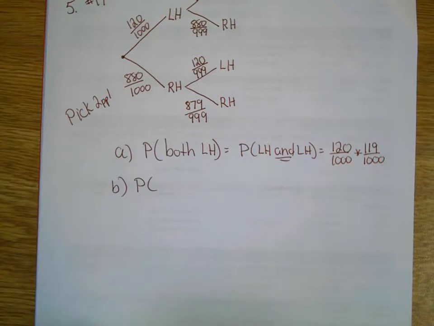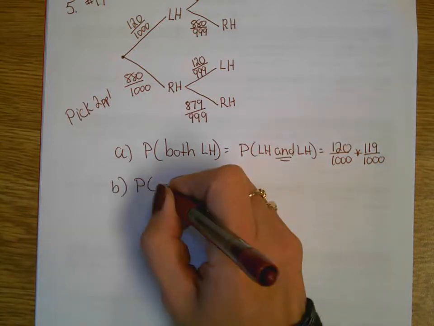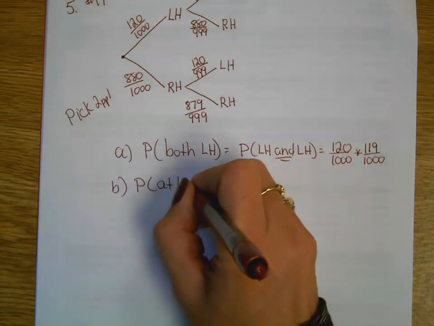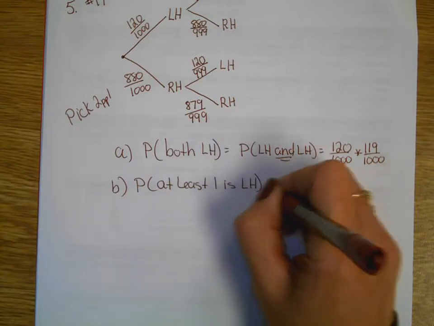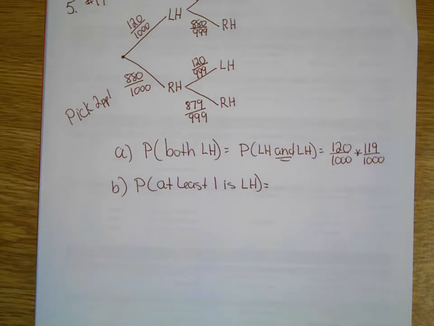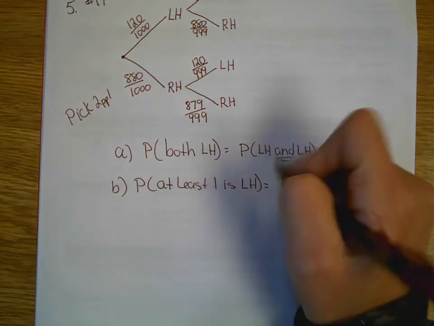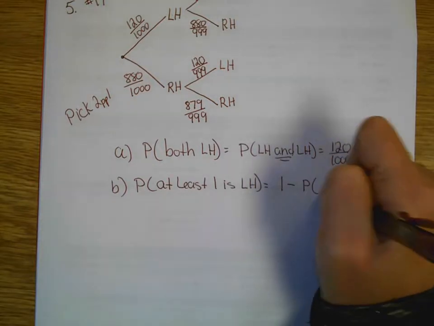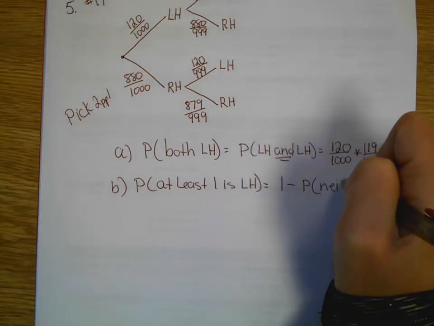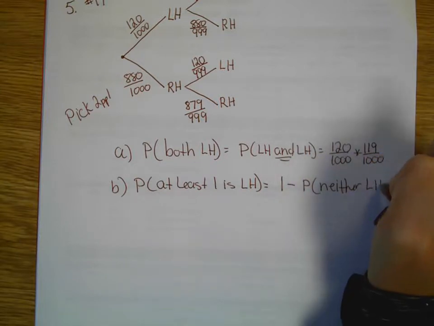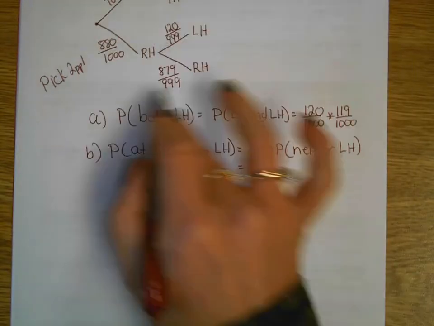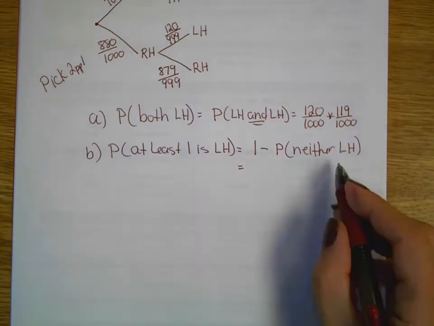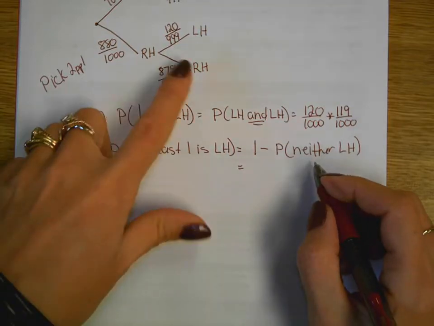Okay. Second question, what's the probability that at least one of the two people is left-handed? Okay, the best way to do the "at least ones" is to go 1 minus the probability that I have neither left-handed. Okay, neither left-handed, what does that mean? What situation is that on this branch here? Well, neither left-handed would mean right-handed and right-handed.